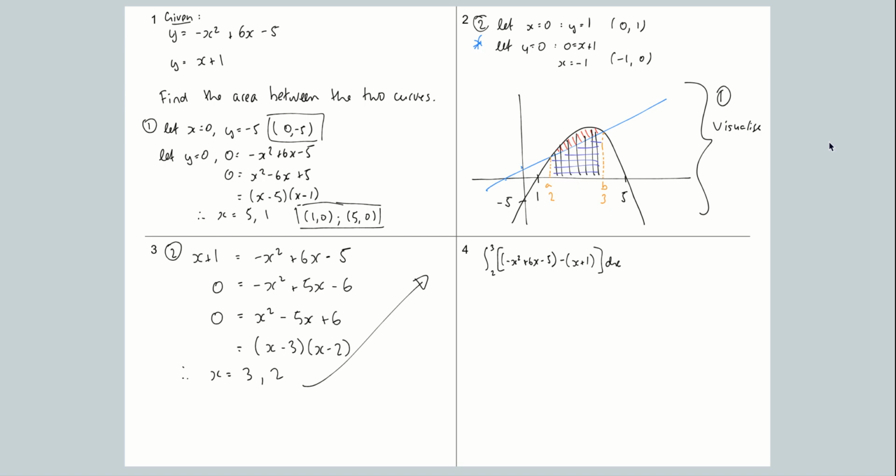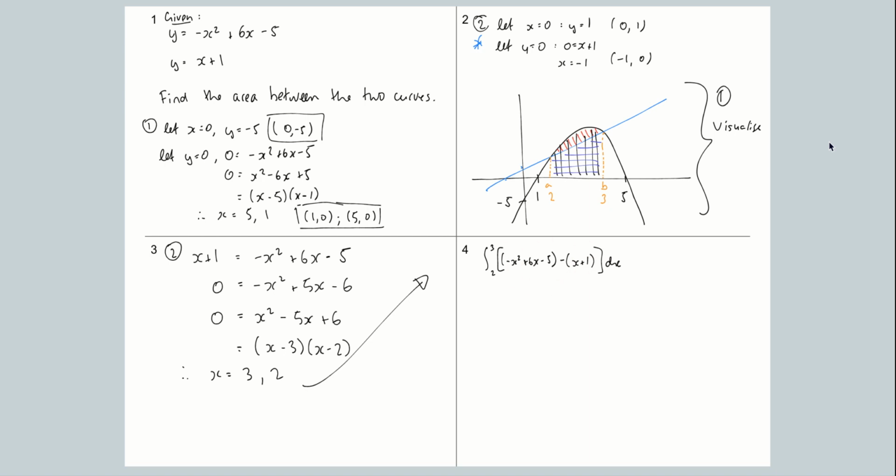So I'm going to simplify the inside. Now note, what I could have done, in a way I've kind of simplified a couple of steps here, is I could have said the integral between 2 and 3 of this minus the integral of x plus 1 with respect to x. But there is a rule that says if the start and end point is the same for one function minus the start and end point of a second function, then you can just subtract the functions.